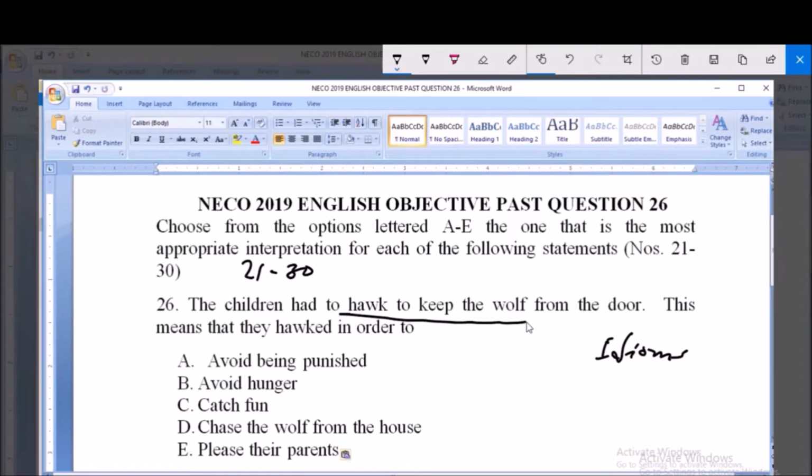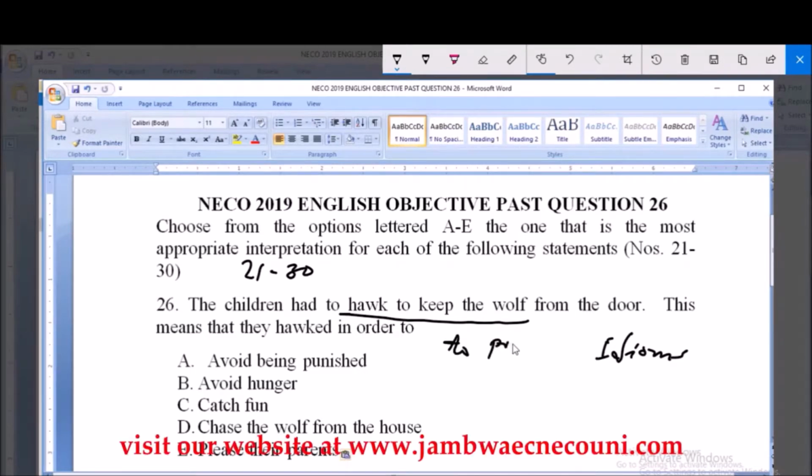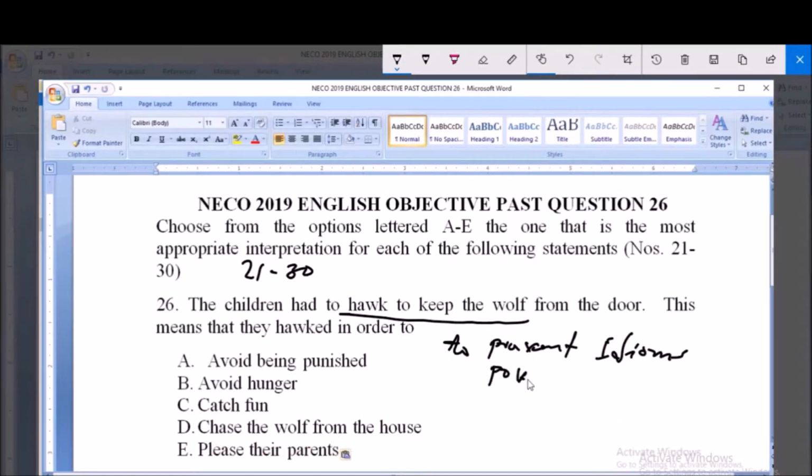To keep the wolf from the door simply means to prevent poverty, that is, to prevent poverty and hunger.